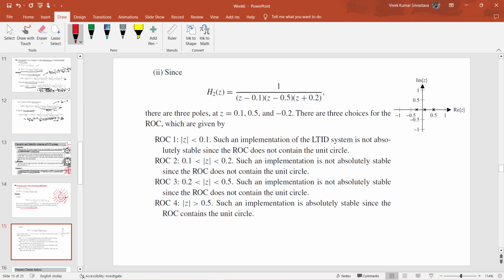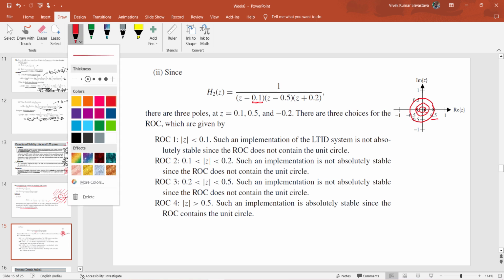If we plot the poles in the z plane, we get one pole at z equals minus 0.2, the next pole at z equals 0.1, and the third pole at z equals 0.5. If we draw different circles, one circle will be this, another circle will be this, and the third circle will be this. So here four ROCs are possible.